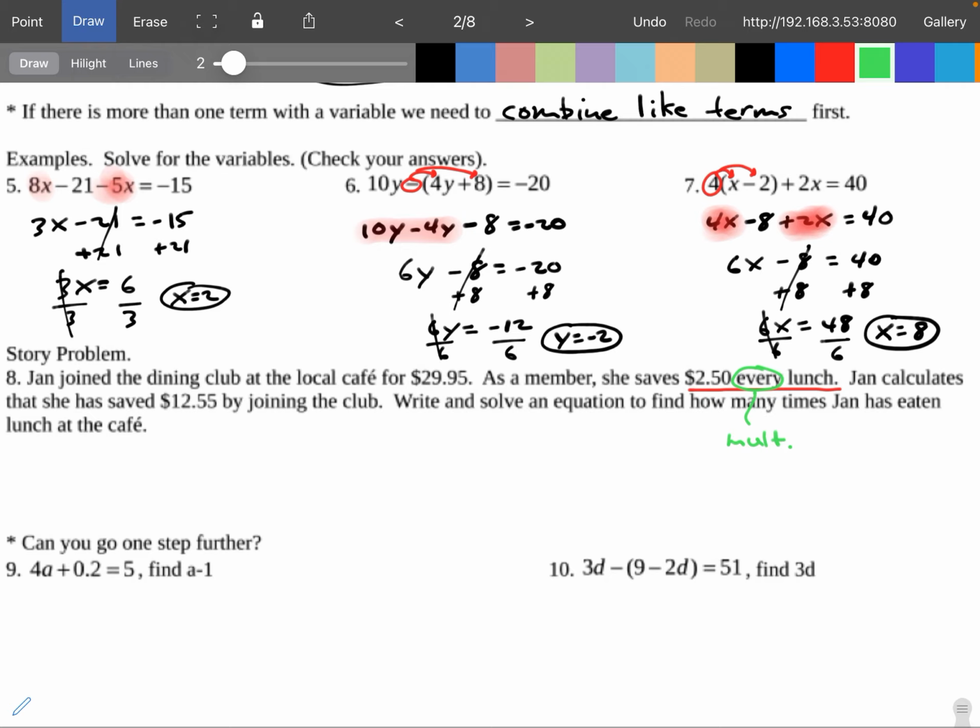And then, what do you want to use for a variable for her number of lunches? L? Okay, good. So L is the number of lunches.